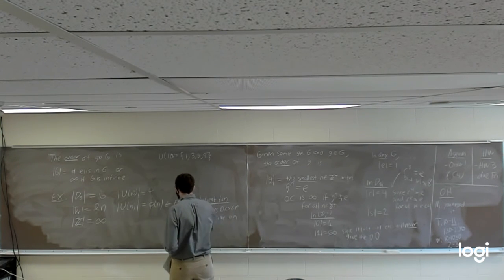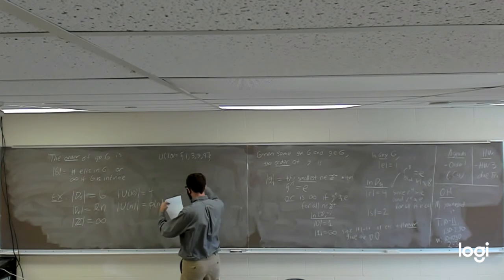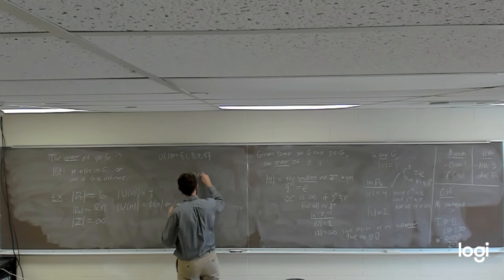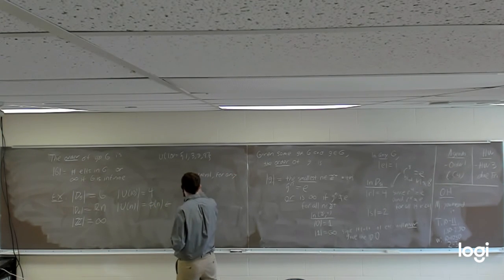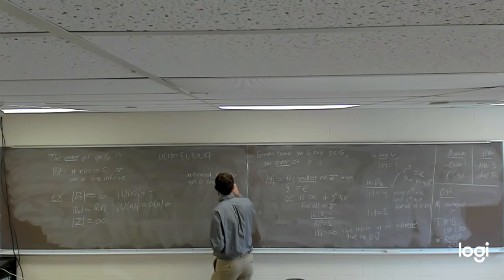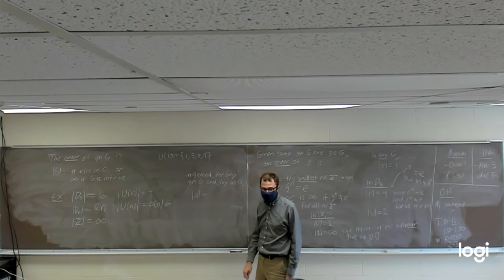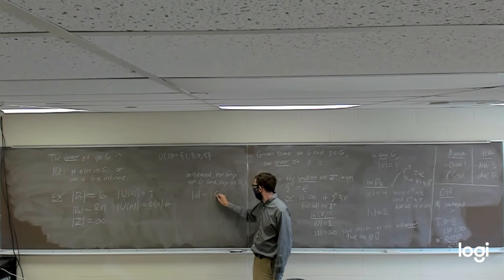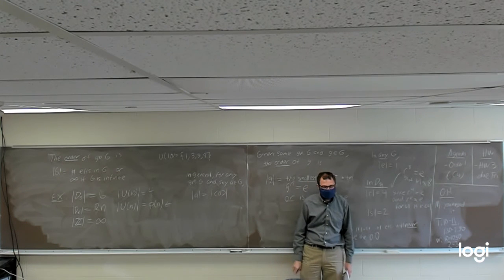Here is the connection. We could say that in general, for any group G and any element a in G, I claim that the order of a is going to be equal to this thing.